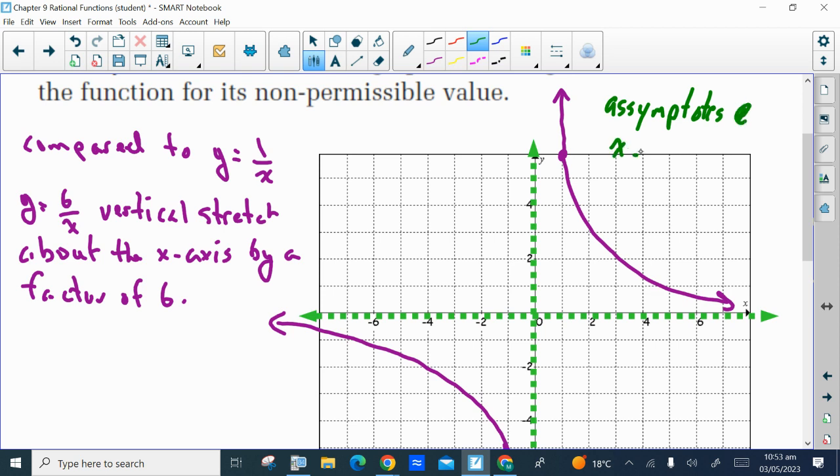We're still at x equals 0 and y equals 0. And remember, these graphs always have arrows on the end because they continue forever in those directions.